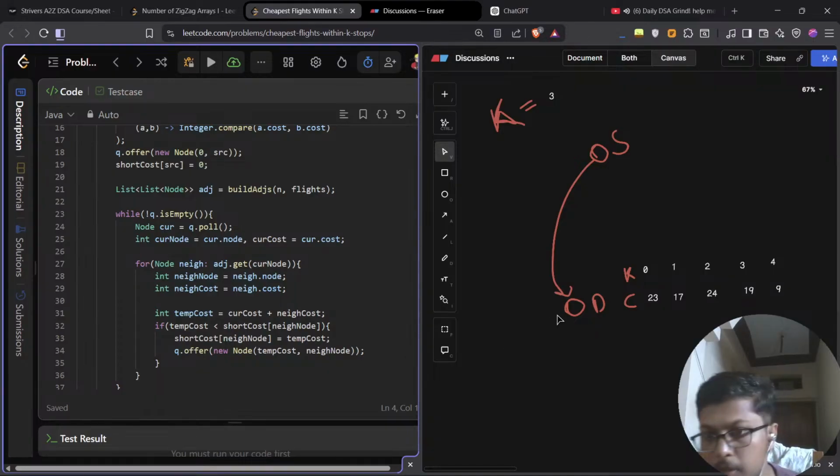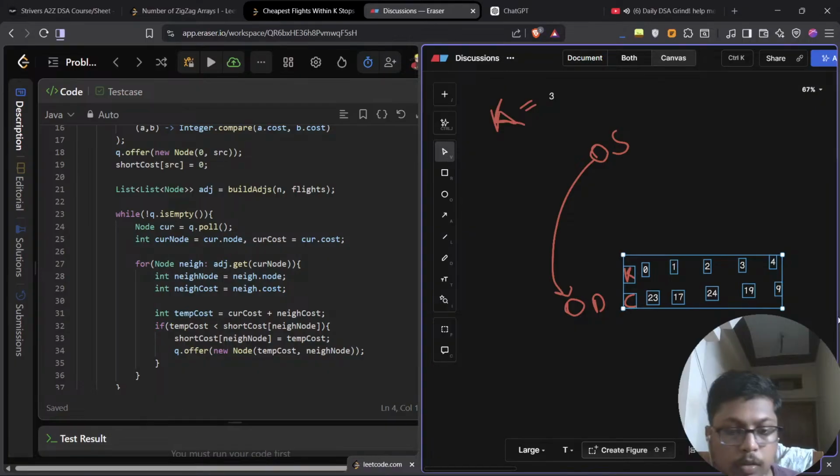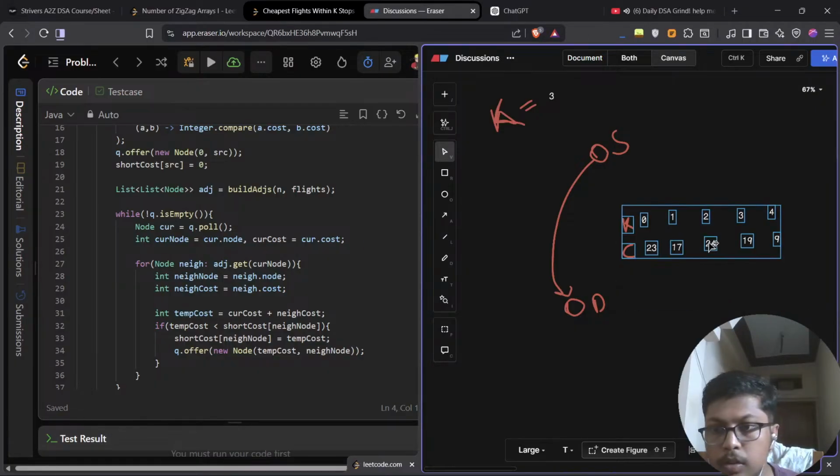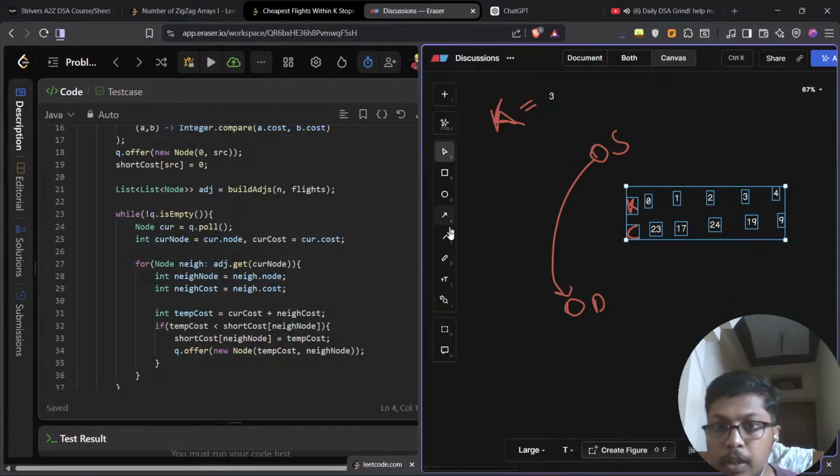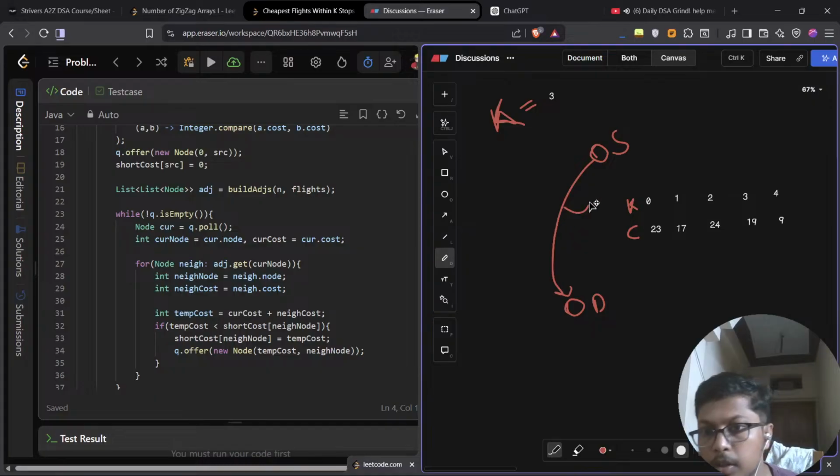For example, let's say this is a set for a middle node, right? This is for the middle node. Now, while reaching from here to here, there is a different story.